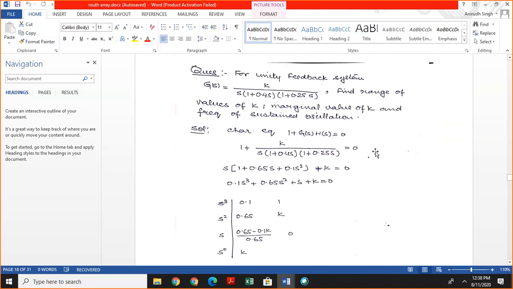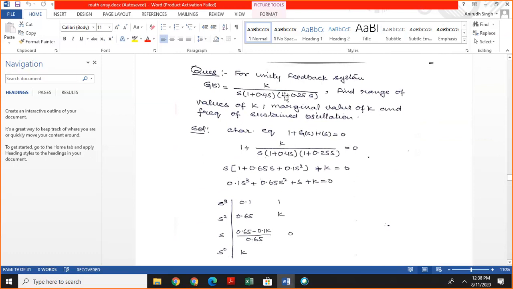For a unity feedback system, G(s) is given by K divided by s, multiplied by 1 plus 0.4 s, multiplied by 1 plus 0.25 s. Find the range of values of K, the marginal value of K, and the frequency of sustained oscillation. In this question the open loop transfer function is given, because in a unity feedback system the value of H(s) is 1.